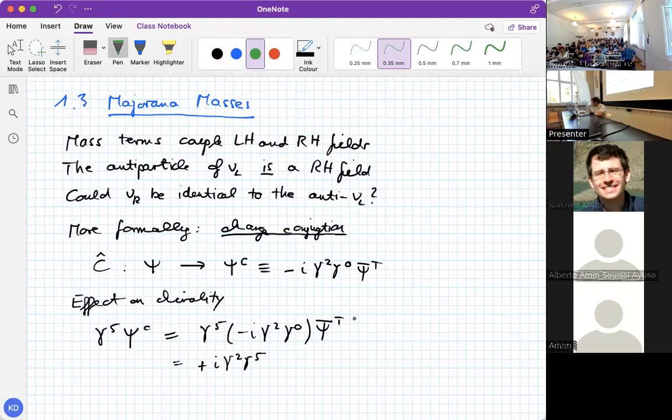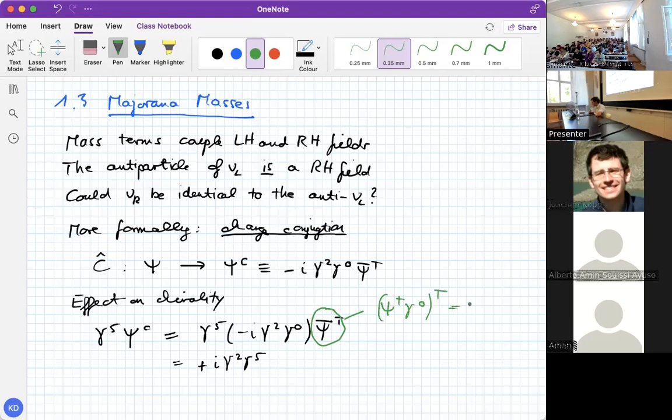So psi bar is just psi dagger times gamma 0, and that thing transposed.